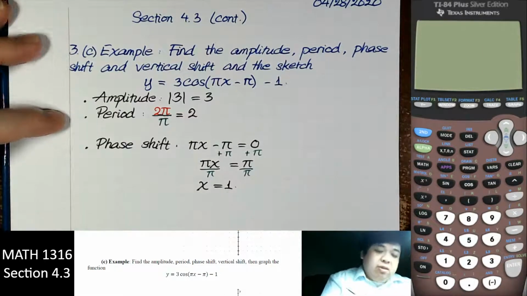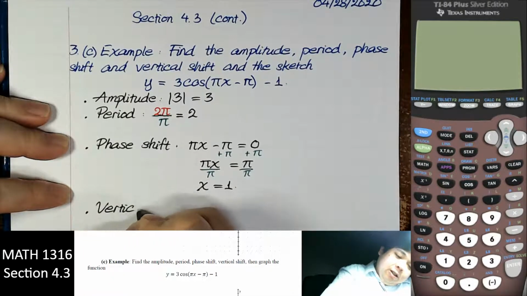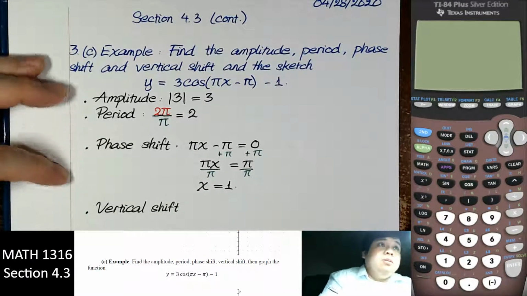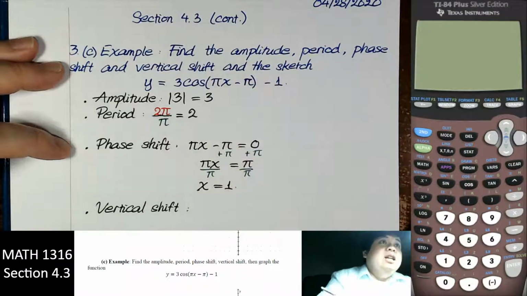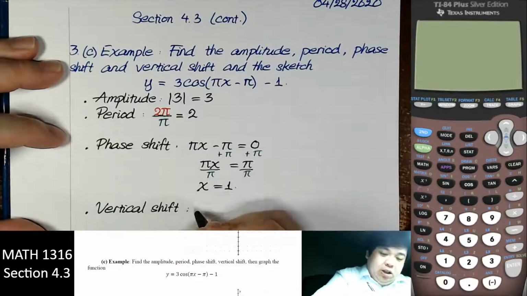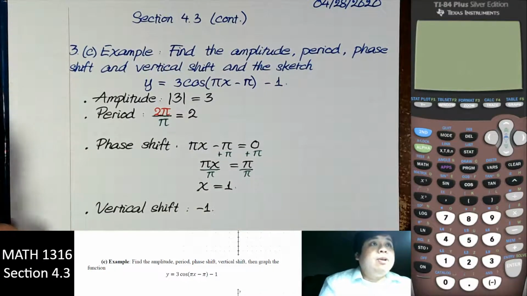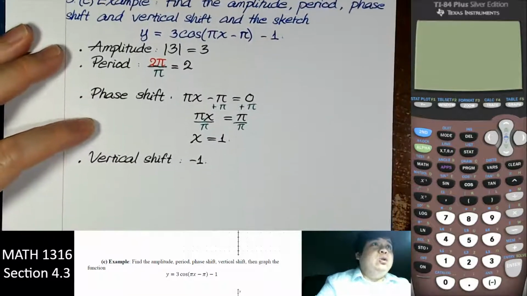That is the phase shift. Vertical shift is whatever the number is that is added to the trig function. So it's negative 1. Right, so that's all we have. And now we put it together onto a graph.